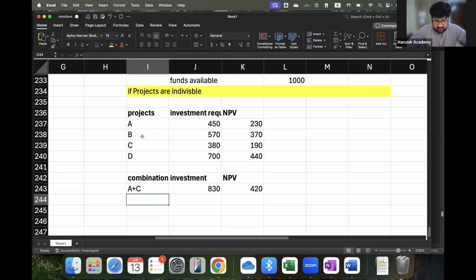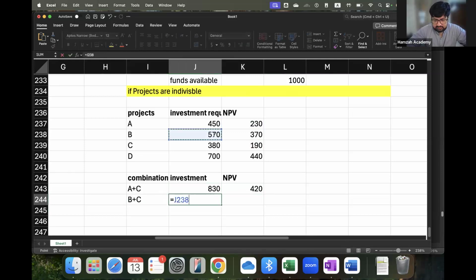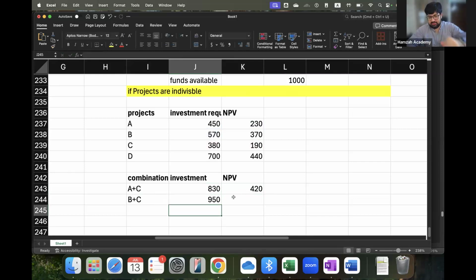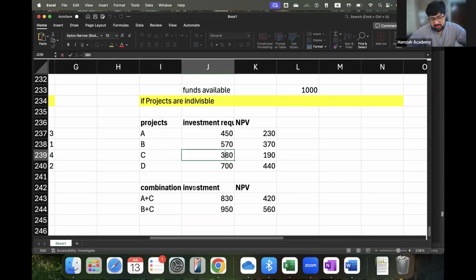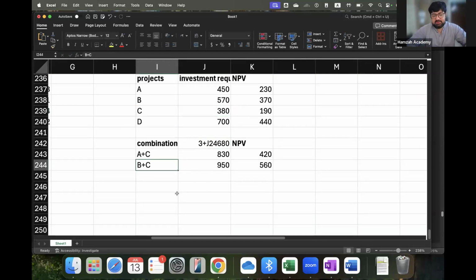Then B plus C. Yes, that makes sense, within 1,000. So NPV earned is here. B plus D, no. C plus D, no. Okay. So only two combinations are possible. For example, if we reduce it to 380, then things will be different. Okay, so two combinations. The best combination is B plus C.